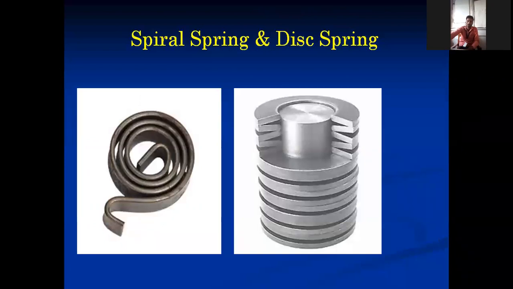Further, spiral spring and disc spring. So who will tell where you have seen such a spiral spring? The first ones are spiral springs. In day-to-day life, in your childhood, you might have seen this spring, but right now you may not be remembering.